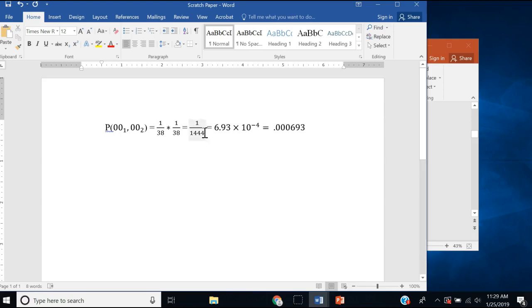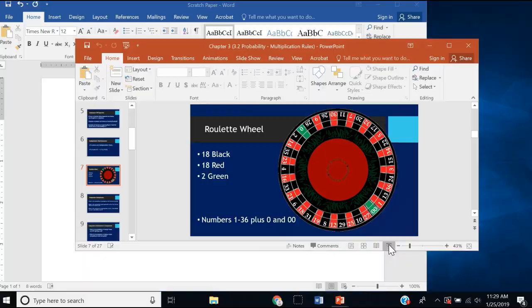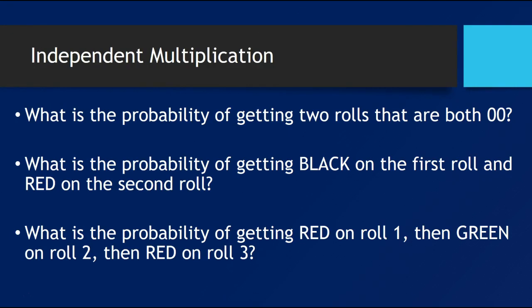So 1 over 1444 is the probability of getting a double zero on roll 1 and a double zero on roll 2. I want you to take that principle and try to answer the next two questions. So push pause on the video, and in 5 seconds I'll come back and explain that.